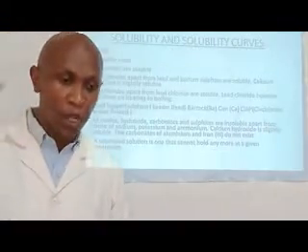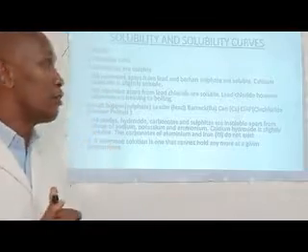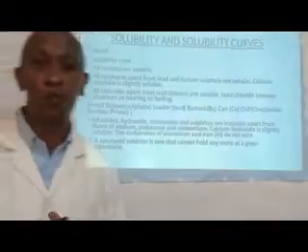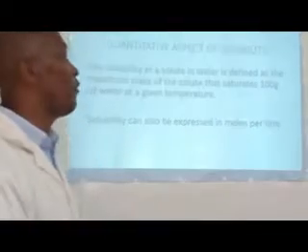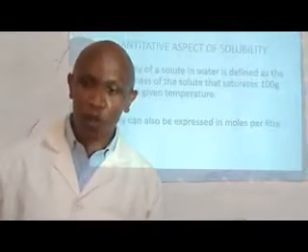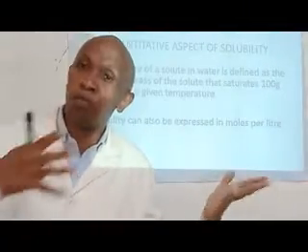To start us off, therefore, to build on what we've learned already, we shall look at the quantitative aspect of solubility. You want to quantify solubility. So that when we say that sodium chloride dissolves because it's group 1, then how much dissolves?